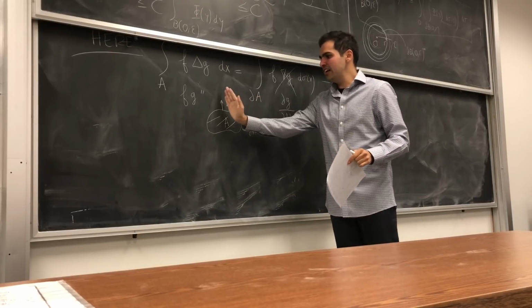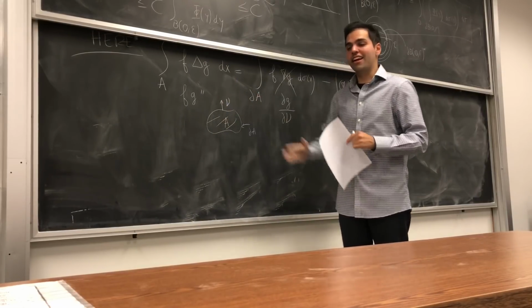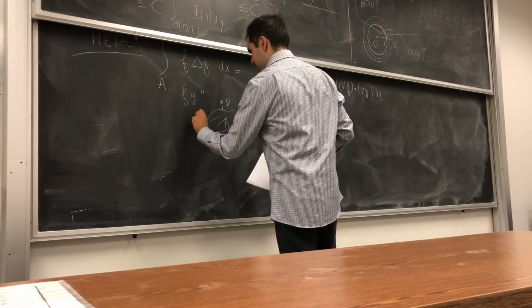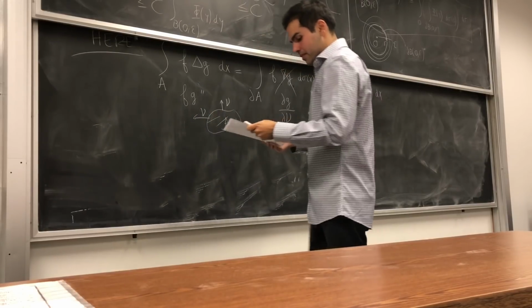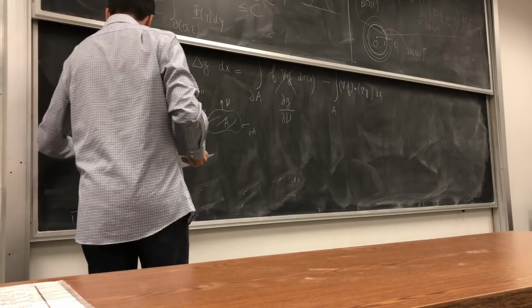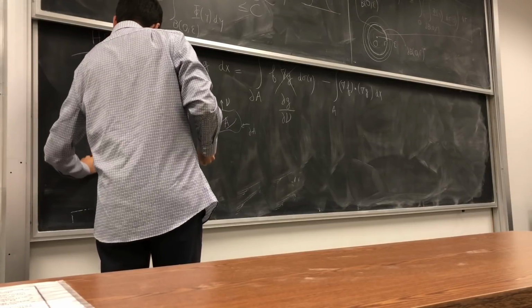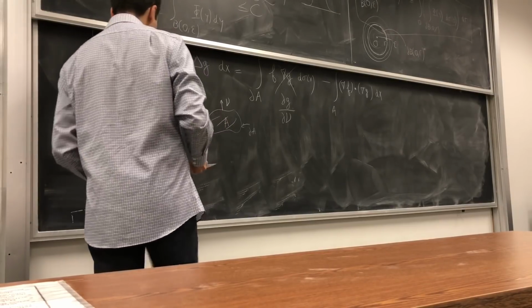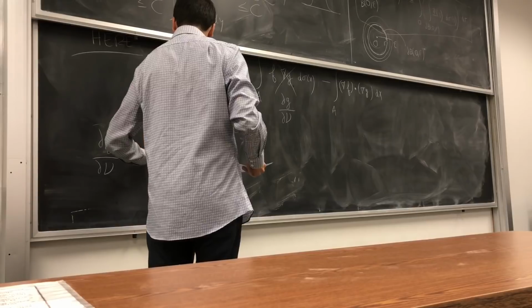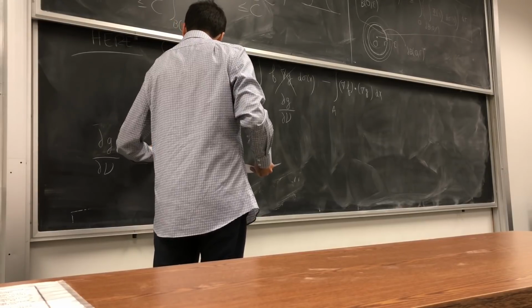It's a vector that always points perpendicular to your boundary. So again, partial g over partial nu is just the gradient dotted with nu.